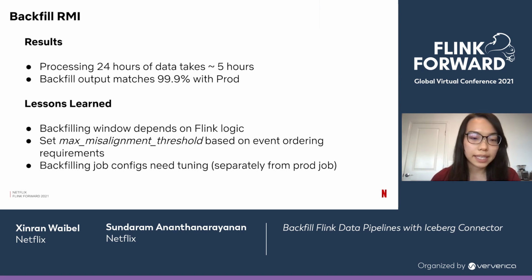For RMI, we set this configuration to 15 minutes so that events arrive no more than 15 minutes late. And also, the backfilling job needs tuning separately from the production job because the backfilling job will have source events arrive at a higher volume per second. Therefore, you might want to adjust your cluster settings so that you can achieve higher throughput and backfill more quickly.